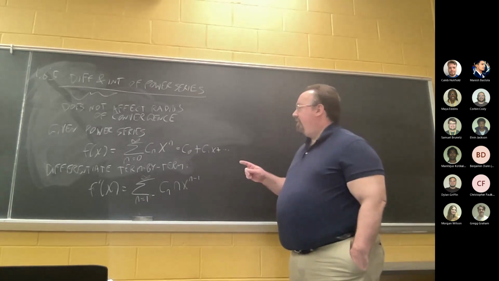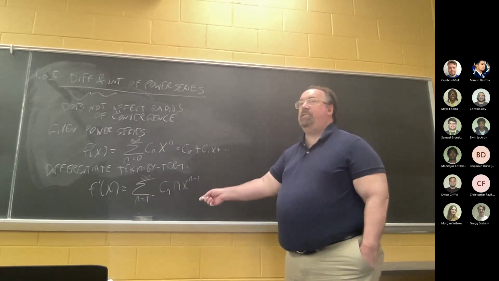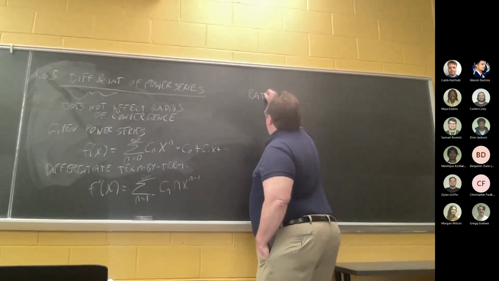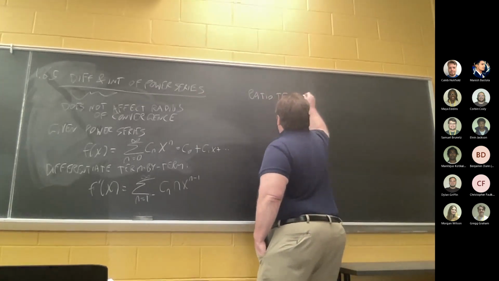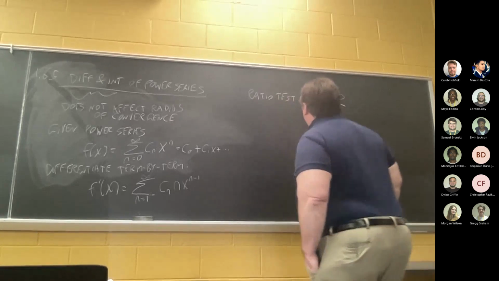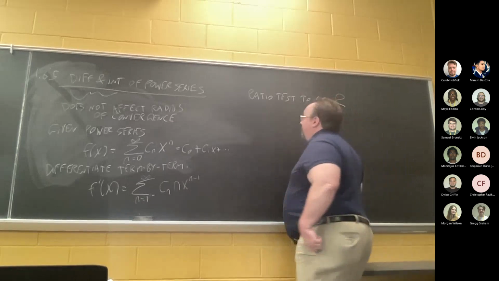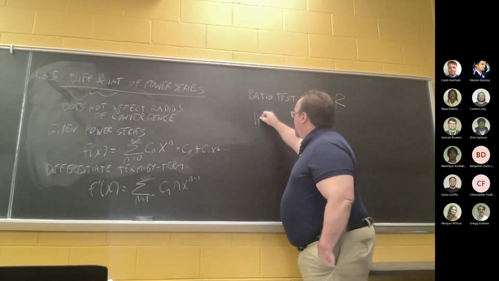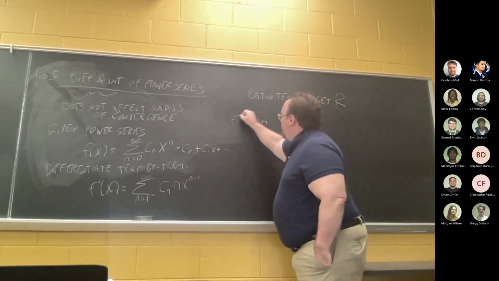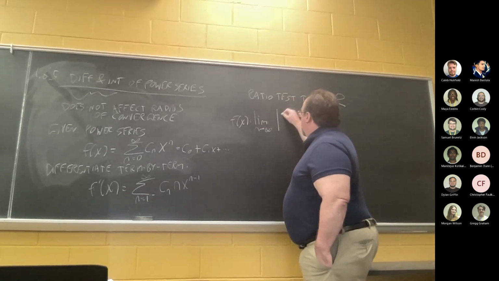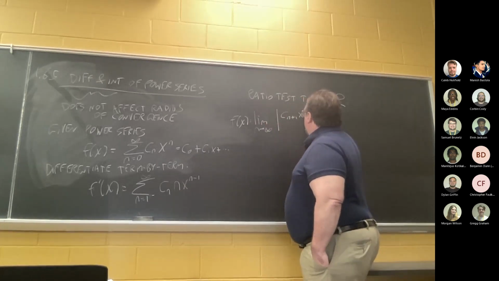Now, suppose I wanted to apply the ratio test to both of these series in an attempt to figure out the radius of convergence, what I've been referring to as big old capital R. For the first one, for f of x, I'll be taking the limit as n goes to infinity of Cn plus 1 x to the n plus 1 over Cn x to the n.